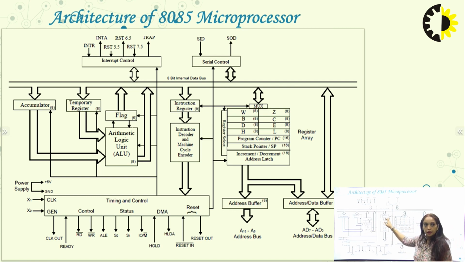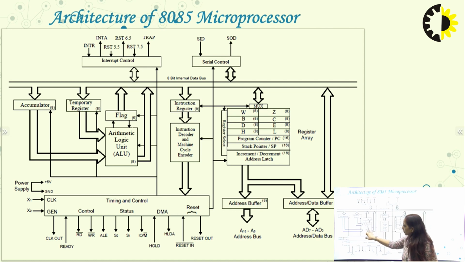The instruction register is an 8-bit instruction register. It will tell the microprocessor which operation is to be carried out, and that will be done by the instruction decoder. The instruction decoder then passes the information to the timing and control unit, and from the timing and control unit, whatever read or write operation, or whether we want to use IO or memory, will be sent to the arithmetic and logical unit.